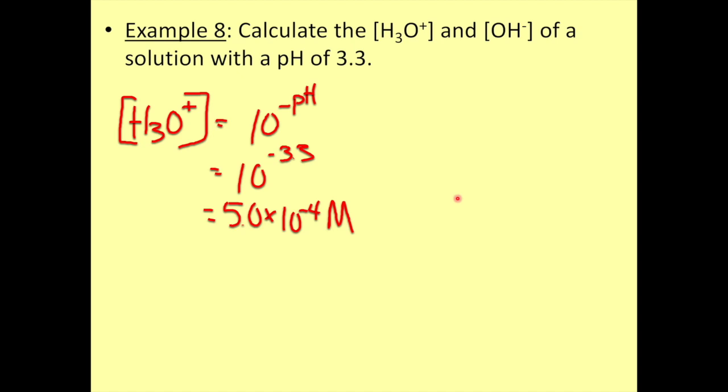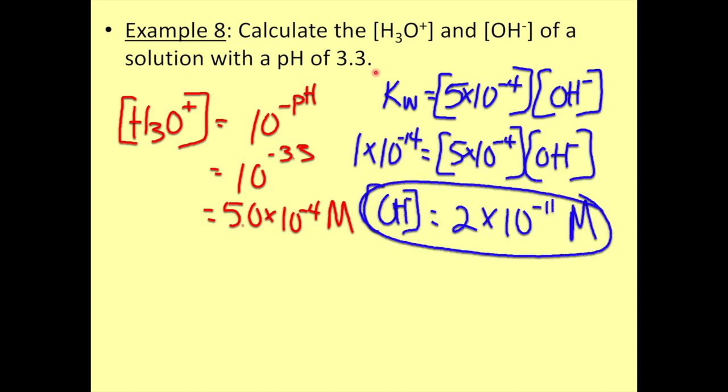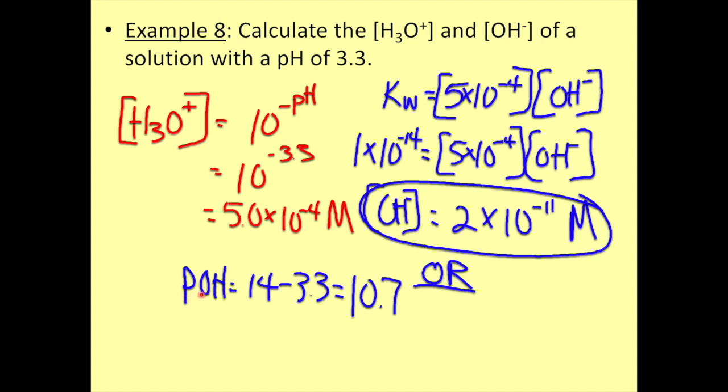Okay? Now, an easy thing to do is to find the pOH. Do pOH equals 14 minus 3.3, which is 10.7. Okay, sorry.